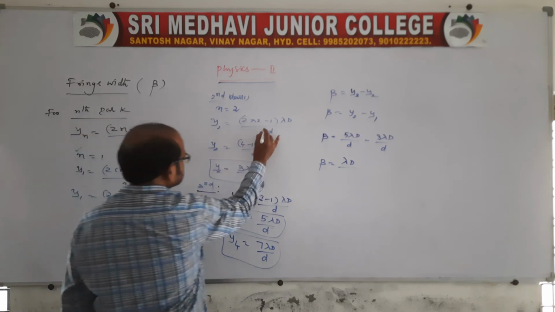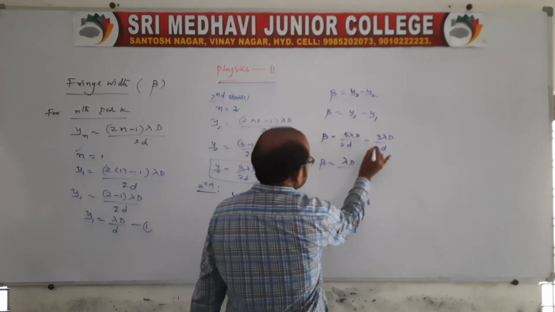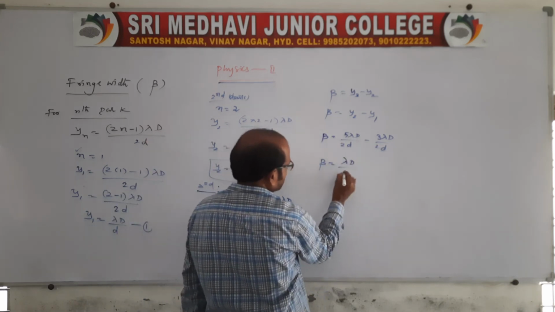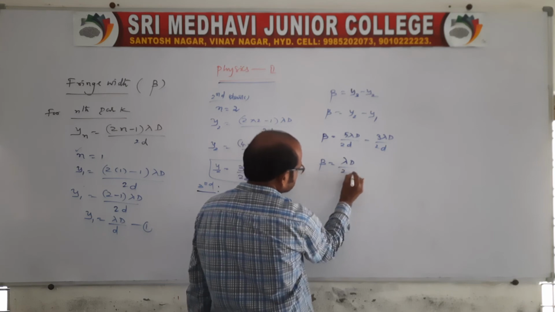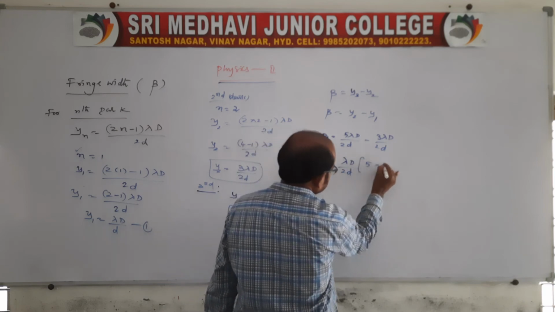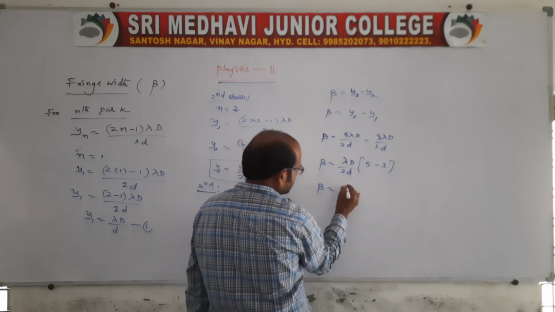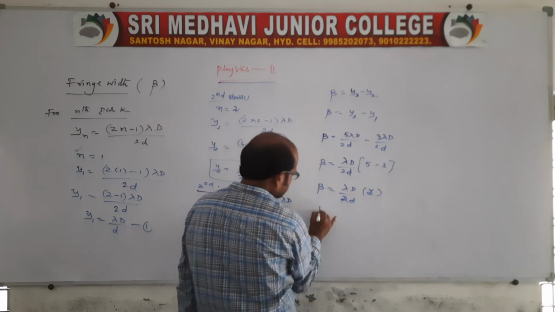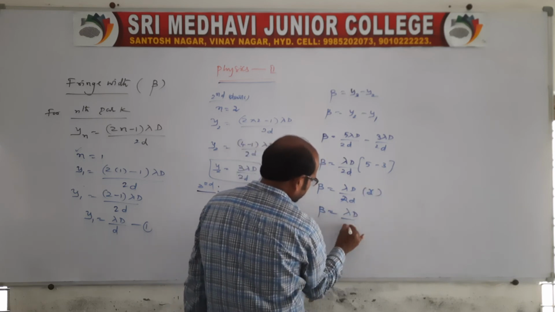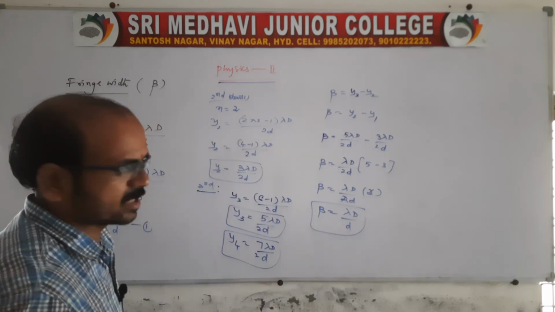So we take lambda capital D by 2d, and from the bracket 5 minus 3, which is 2. So the 2s cancel, and beta is equal to lambda capital D by small d. So you take any two, you will get the same lambda capital D by small d.